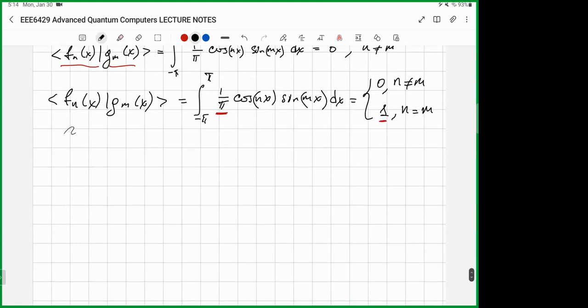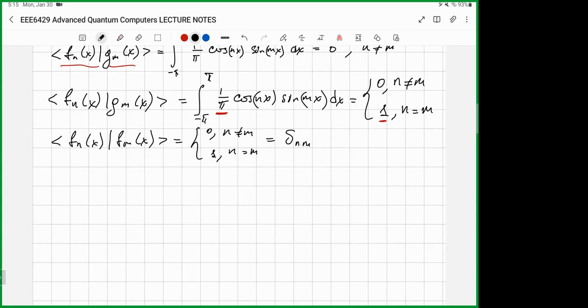In the same way, the product of two functions f is also 0 when n doesn't equal m, and 1 when n equals m. By the way, we denote this by the Kronecker delta, delta nm. The Kronecker delta is the identity matrix.